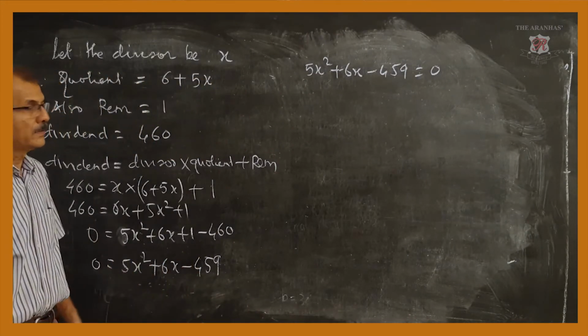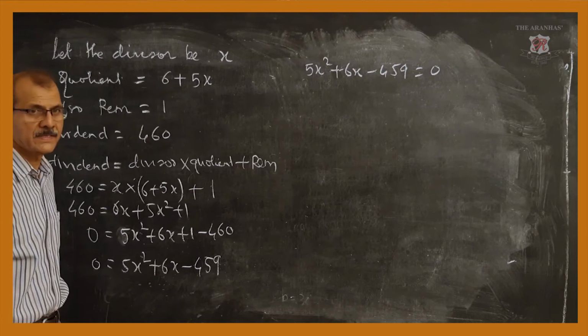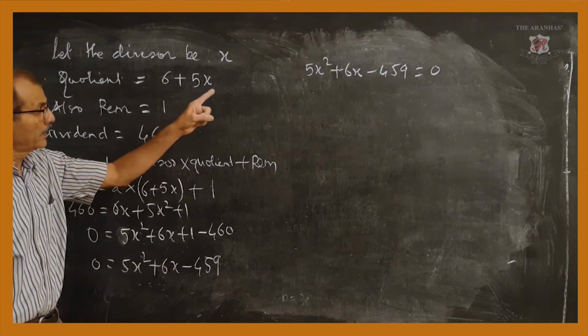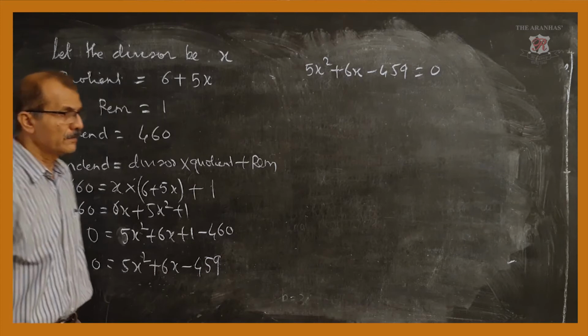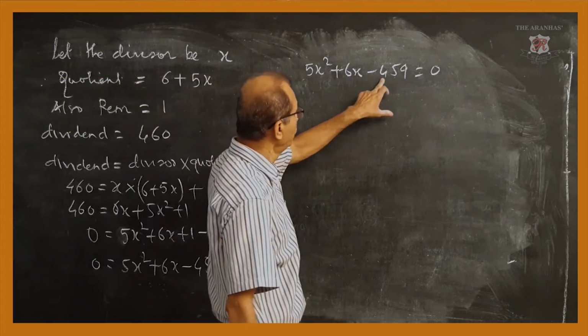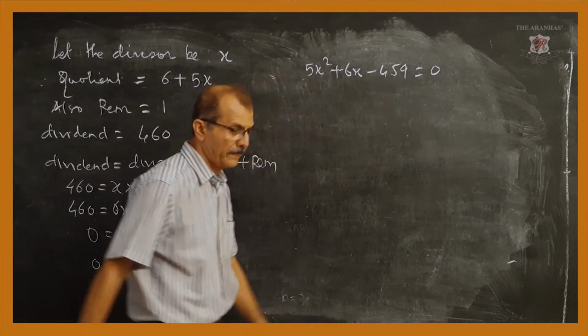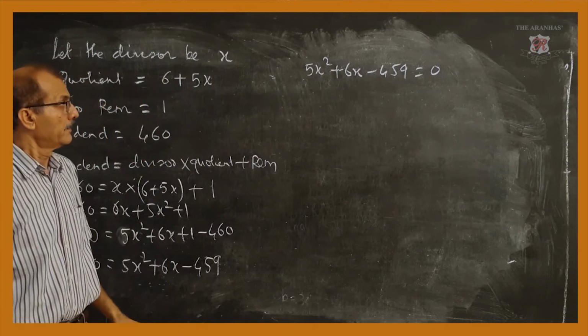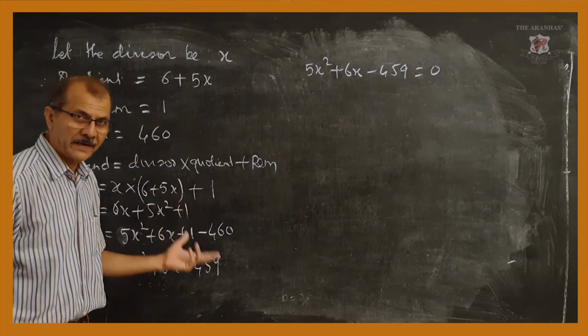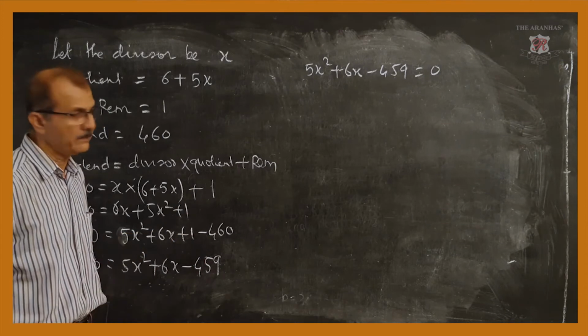Now we have to find the factors of this. Now 459 and 5. So we can do it by factorization method or by formula method.